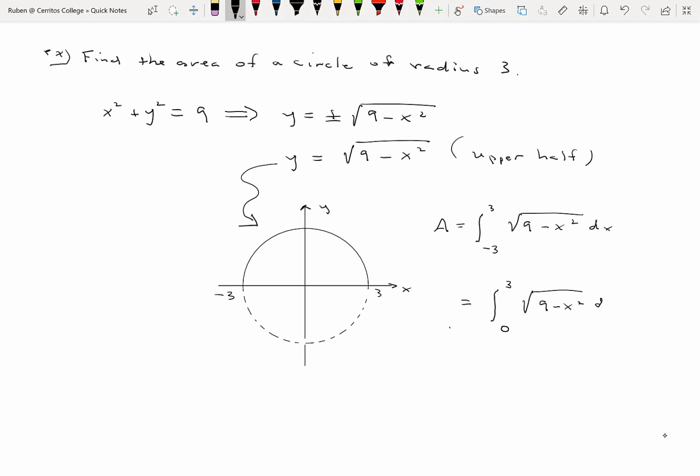So the first integral I set up, if I multiply it by 2, that gives me the entire area of the circle. Remember, the integral from negative 3 to positive 3 was the area of the upper half of the circle. So if I multiply by 2, I get the lower half included. So I get the total area. So if I change the limits to be between 0 and 3, looking only at the first quarter of the circle, the quarter in the first quadrant, then I would multiply that by 4 to get the entire area.